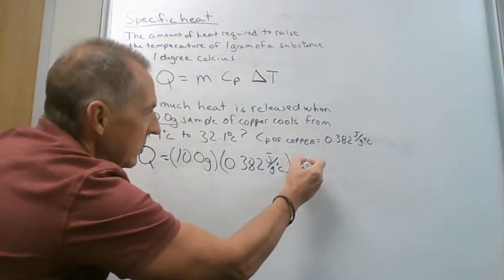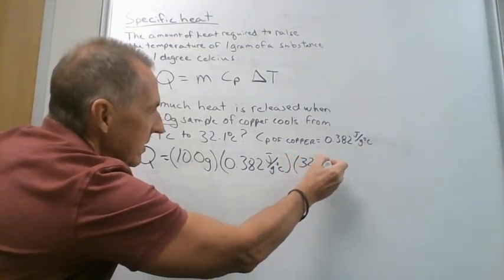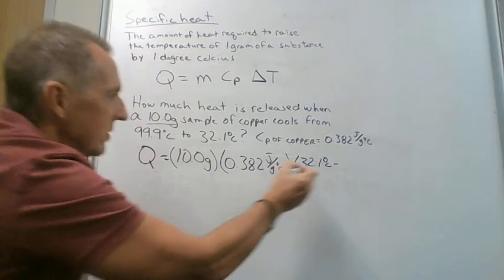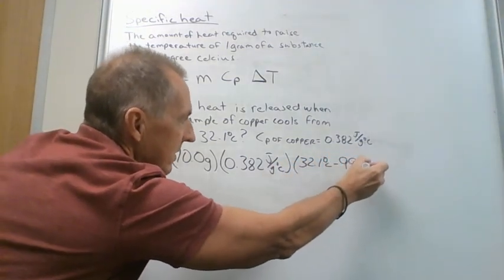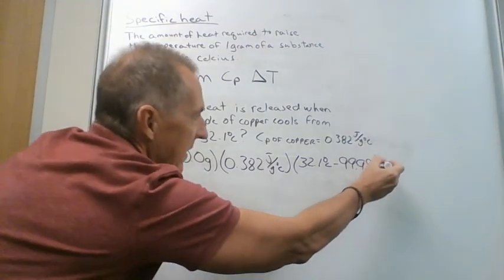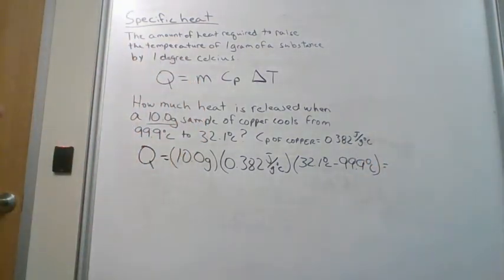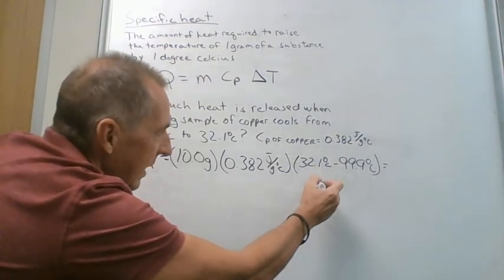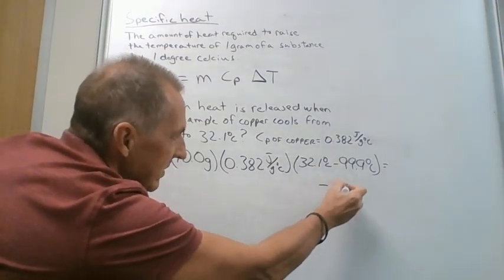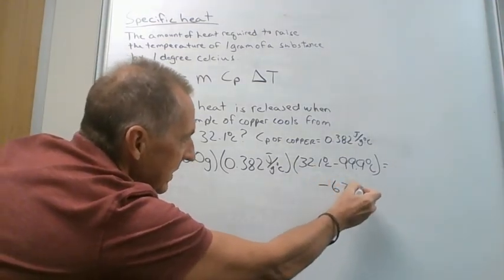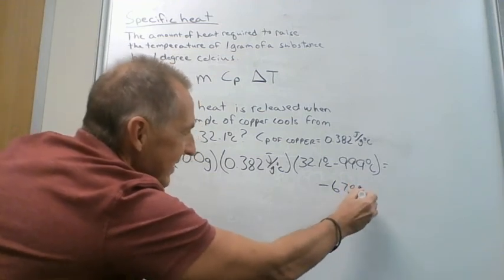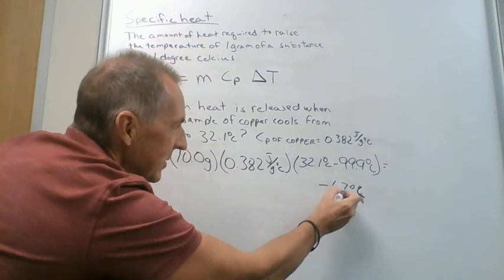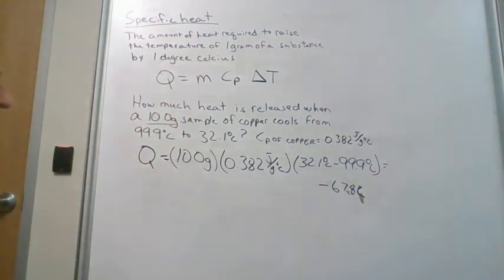So our final temperature is 32.1 degrees Celsius, and our initial temperature was 99.9 degrees Celsius, and then that is going to give us the amount of energy released, right? And so we can see the temperature is dropping, whatever that is, minus 67.8 degrees Celsius, 67.8. We'll get that eventually there.